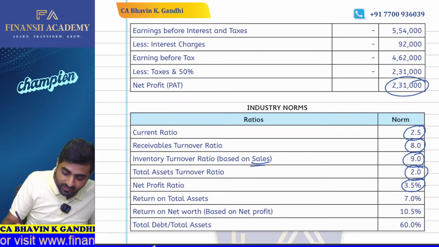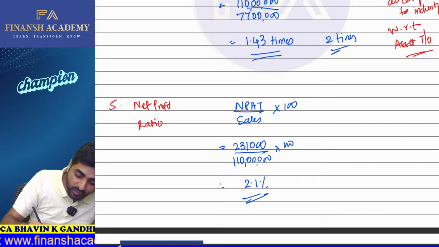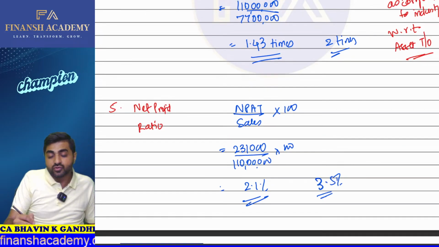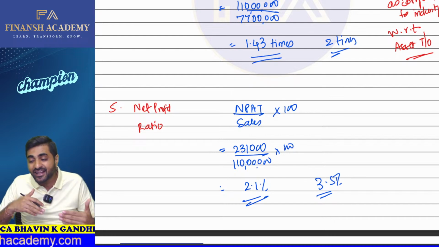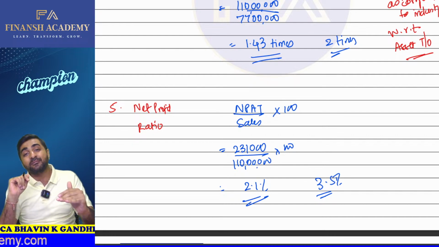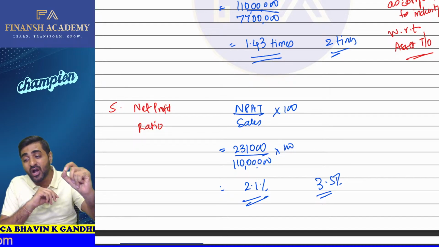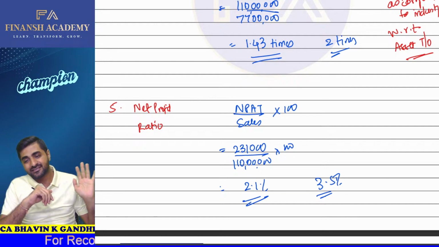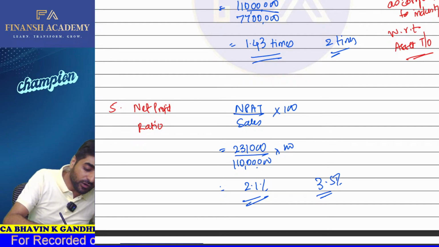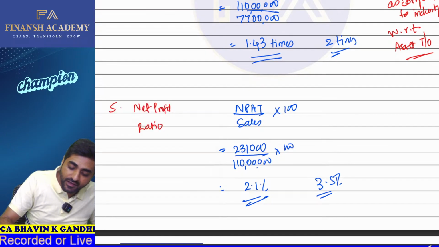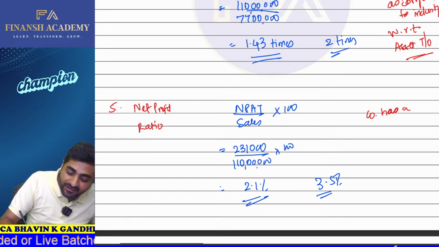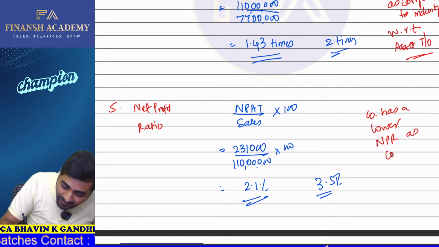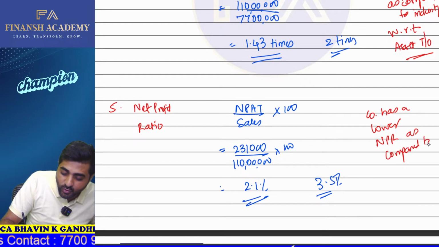Let's check the industry. Oh, industry has a net profit ratio of 3.5%. So can I say company is inefficient as compared to the industry? Why? Because company is having a net profit ratio which is actually lower as compared to the industry standards. Okay. So what are we going to write down here? Company has a lower net profit ratio as compared to industry.